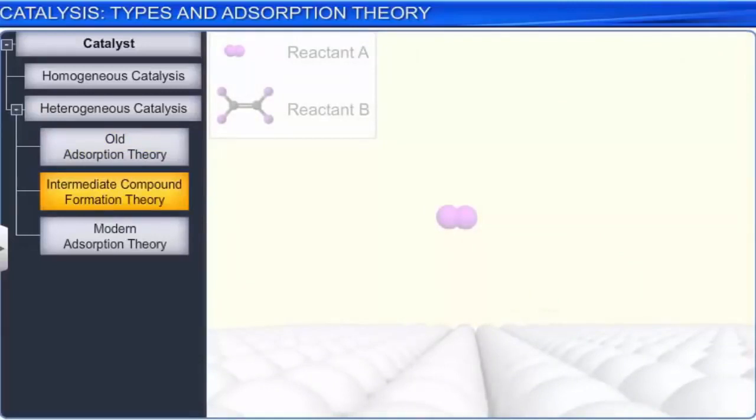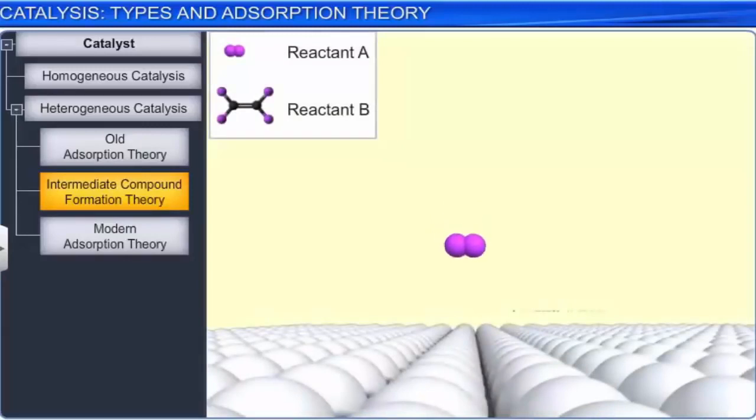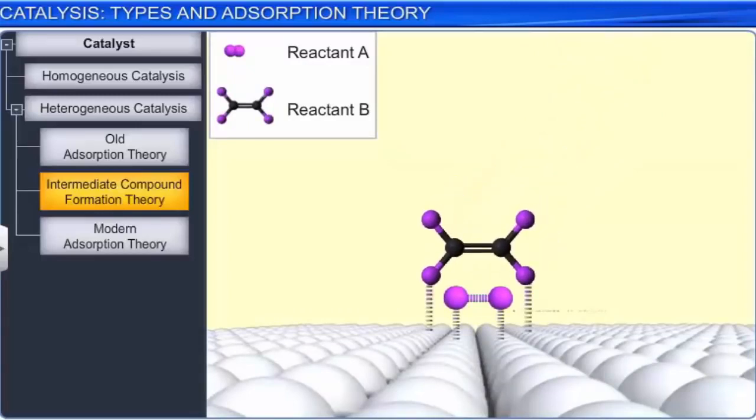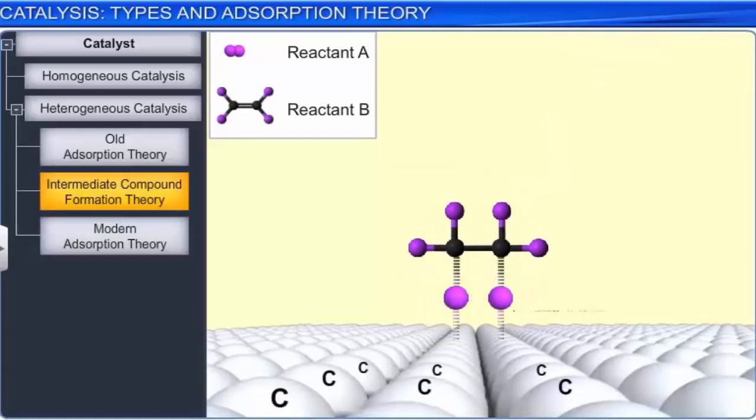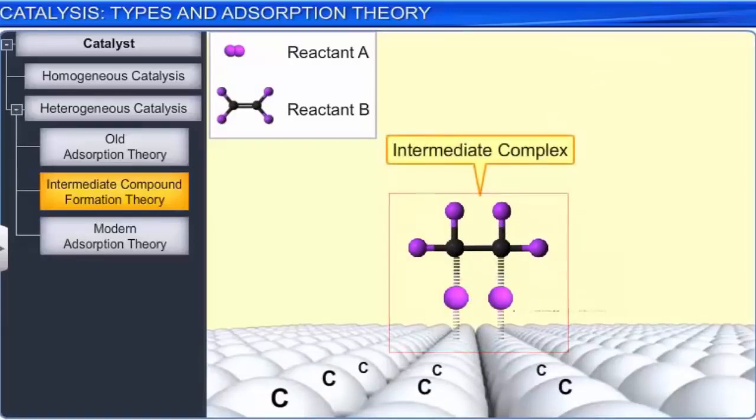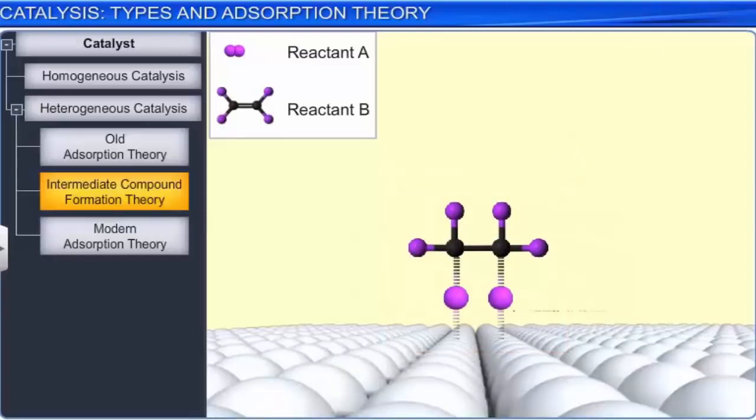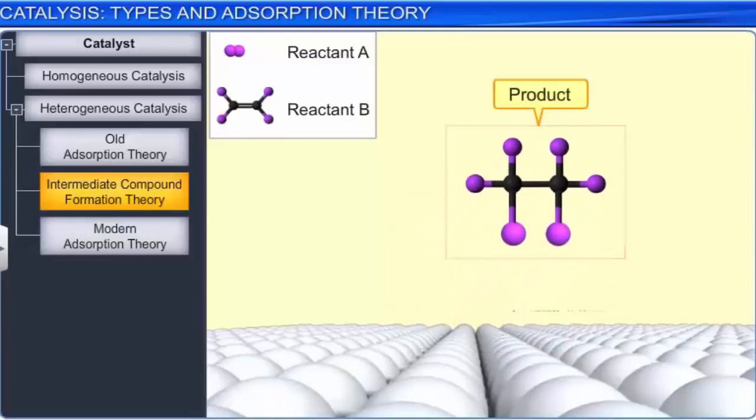According to this theory, the reactants A and B first combine with the catalyst C to form an intermediate complex. This intermediate complex is short-lived and decomposes to give the products, while the catalyst is regenerated.